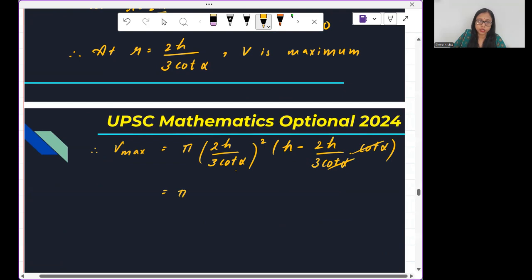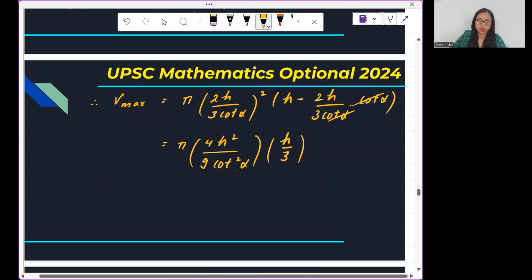Cancelled, it's pi times 4h square divided by 9 cot square alpha, and this becomes h by 3. So this is 4 by 27 pi h cube tan square alpha. This is the maximum volume.